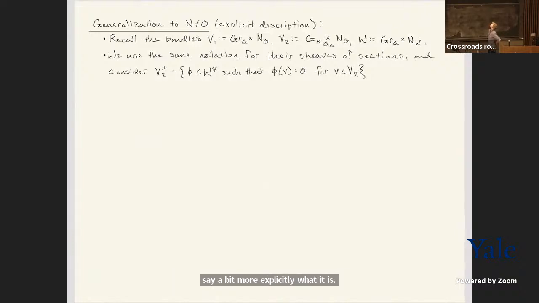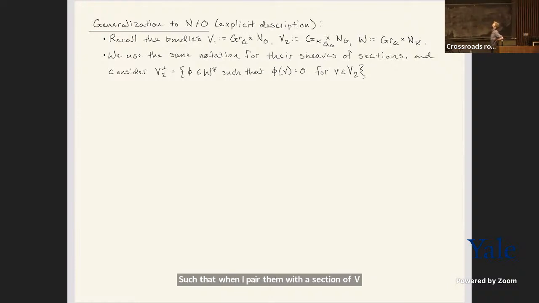So let me go back. We again have these bundles V1, V2, and W. Let me use the same notation for their sheaves of sections, and then let me write V2 perp for the sections of W dual, the dual bundle of W, such that when I pair them with a section of V2, I get 0.